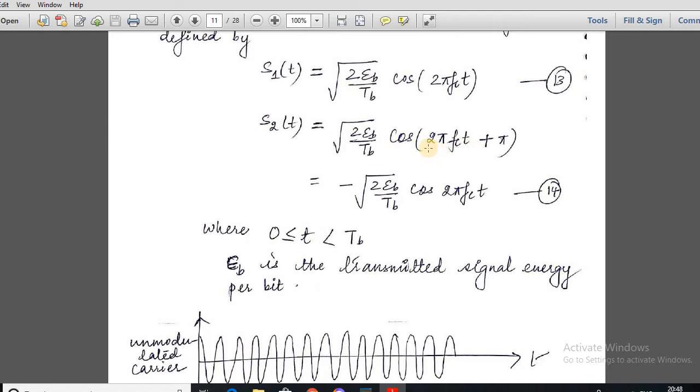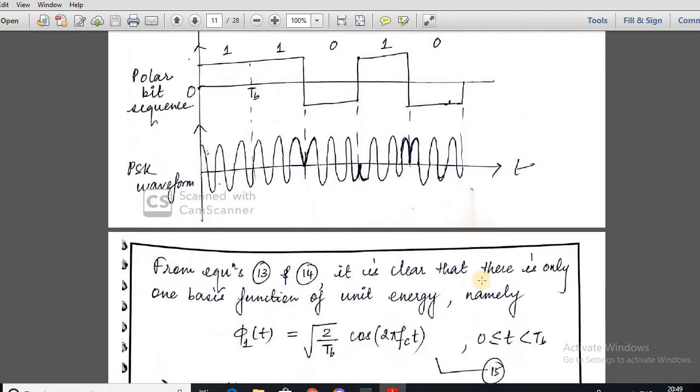Now cos of theta plus pi is equal to minus cos theta. So we can say this is also equal to minus root over of 2 Eb by Tb cos 2 pi fct. So very simple, BPSK represents binary 1 as root over of 2 Eb by Tb cos 2 pi fct, and binary 0 as S2 of t equal to minus root over of 2 Eb by Tb cos 2 pi fct. This is the waveform we have seen.